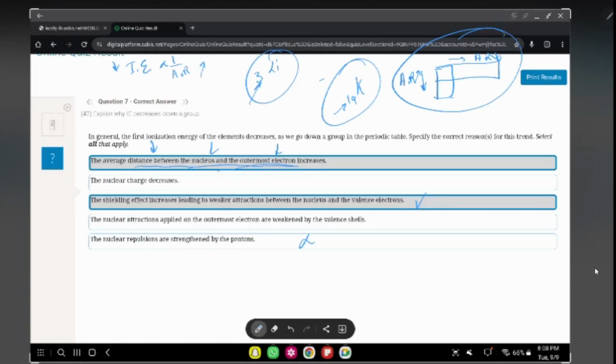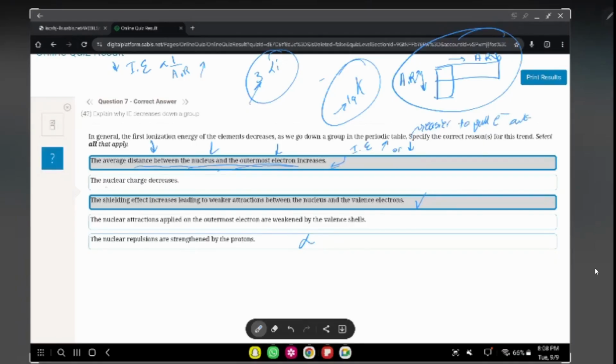It's going to be easier. Since it's easier to move that electron out, what's going to happen to the ionization energy? It decreases, since it's easier to pull the electron out.